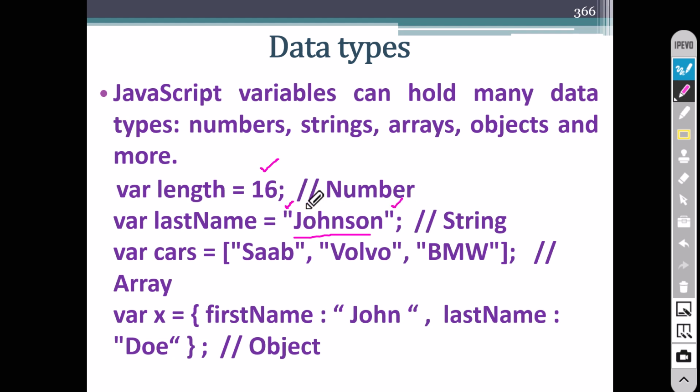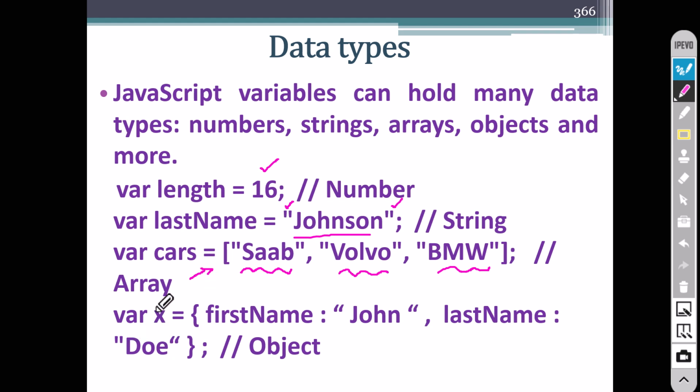Then we have something called arrays, and a string can take double quotes or single quotes. Arrays you put in a square bracket, and then you have three values here.